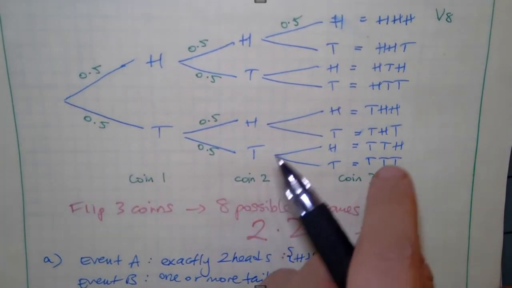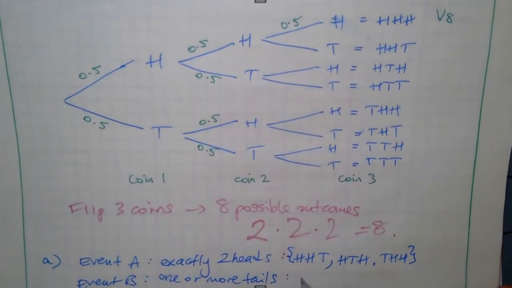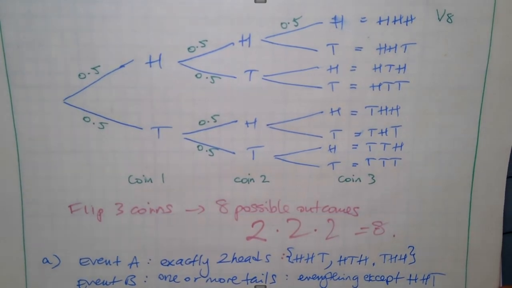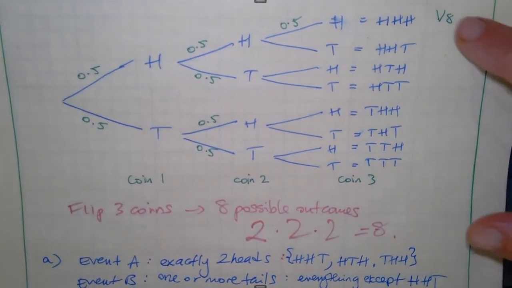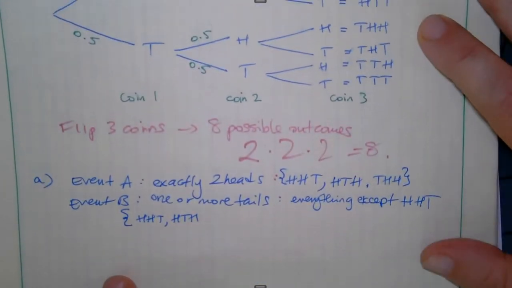Event B, 1 or more tails. Well, heads up, guys. Only 1 that doesn't have a tail. So it's going to be everything except head, head, head. But we have to list them. So you're going to make a list. You're going to go HHT, HTH. This is fancy notation for I'm making a list.